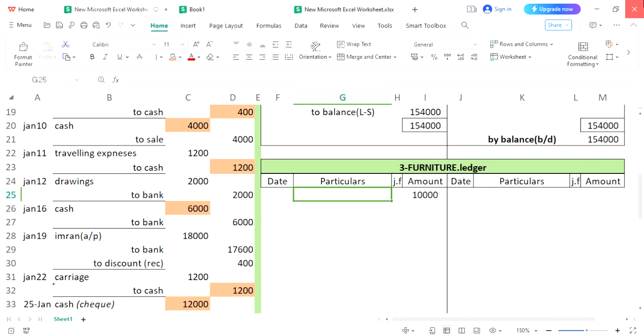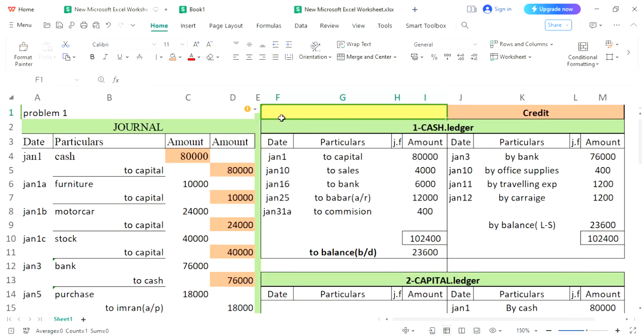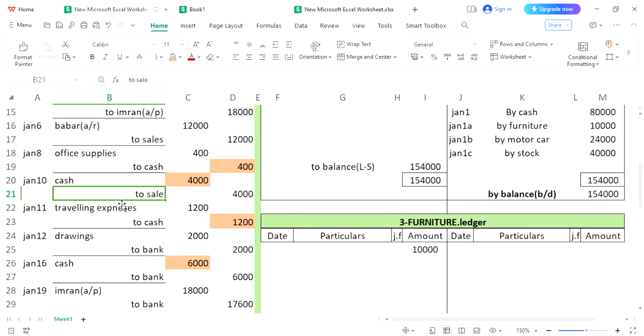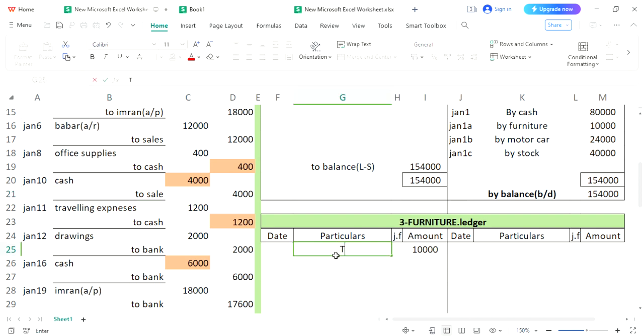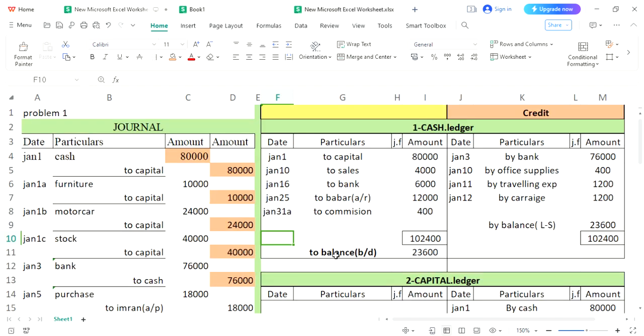It's time to see the reference. For furniture, we have posted on debit side. What is written on the opposite side? 2 capital. So you will use this 2 capital as reference, and it would be written in the particular column as your reference. Reference is completed. It's time to see the date for this 10,000.